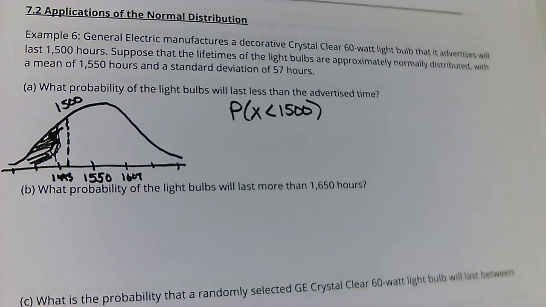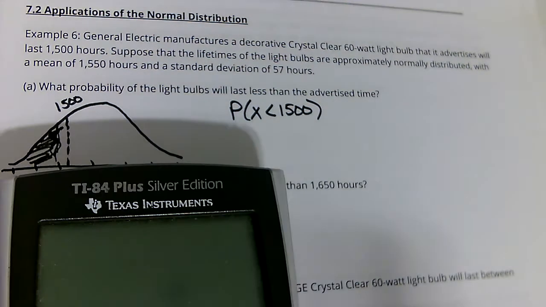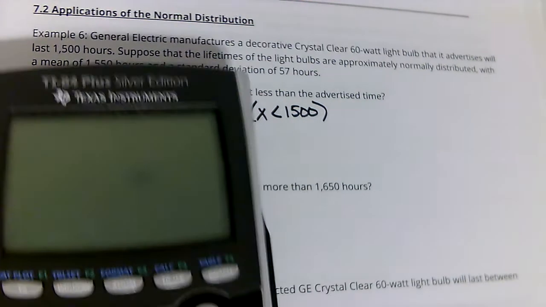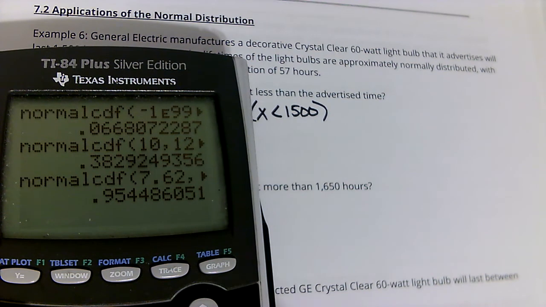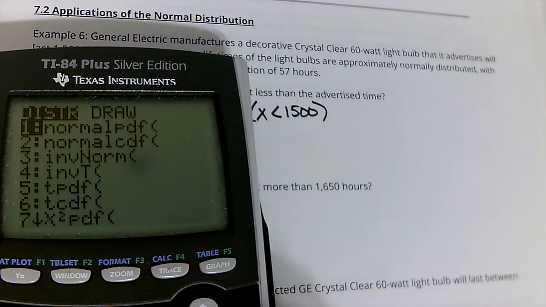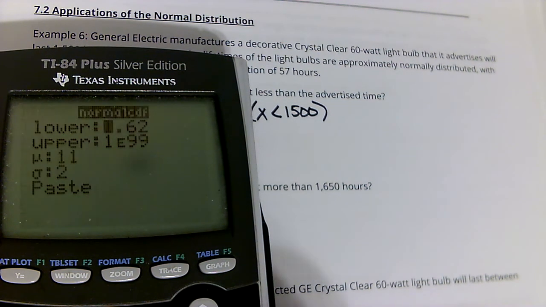And now that we know that we can do this in the calculator and we don't have to normalize and find the z-score and all that, we're going to be using that normal CDF. So second distribution, normal CDF, and the lower boundary would be negative infinity. So -1E99, that's negative infinity, up to 1,500. The mean was 1,550, and the standard deviation was 57.